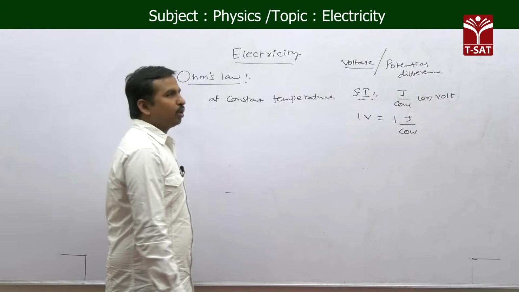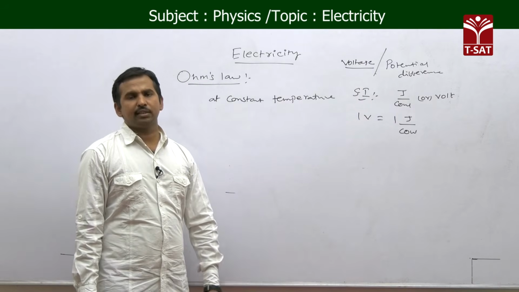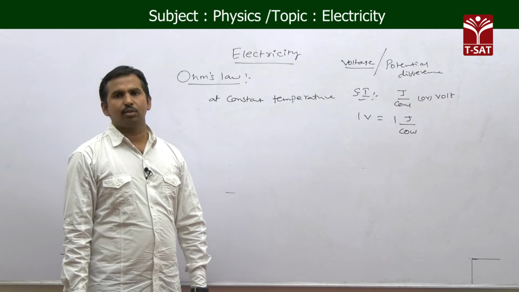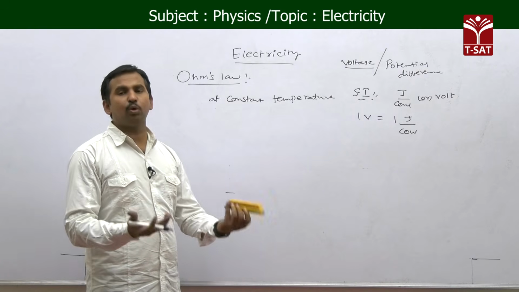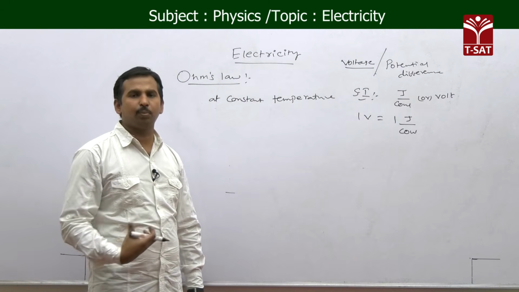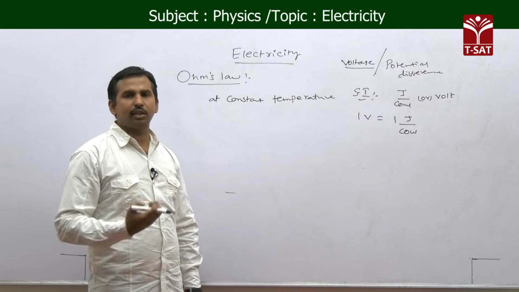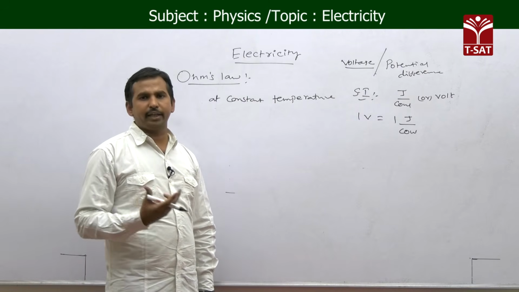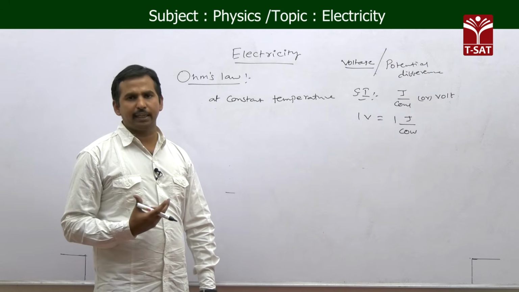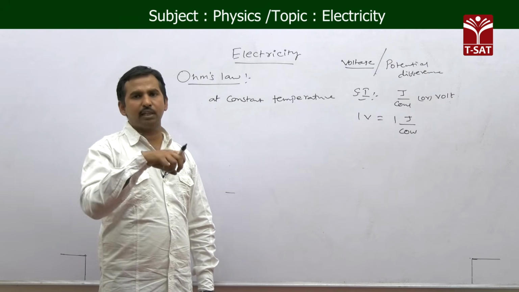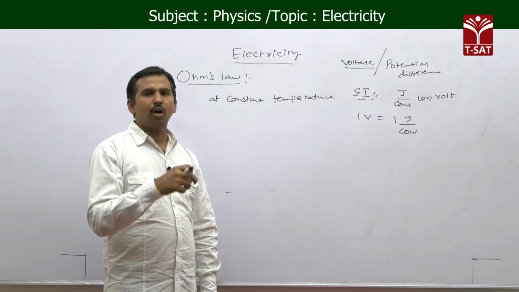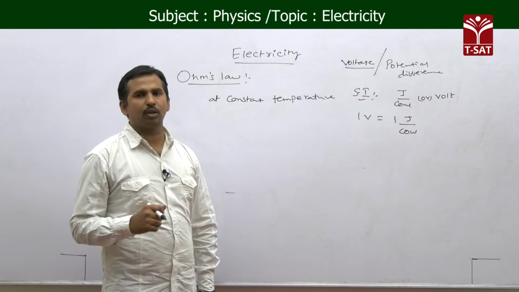So more voltage, more current; less voltage, less current. If I want to get more current, then the voltage I have to apply is more. Like we see in our batteries, 2 volt battery, 3 volt battery, 4 volt battery. That voltage represents the work it is doing on the charge to move in one particular direction.